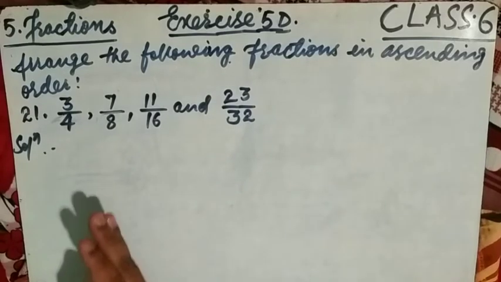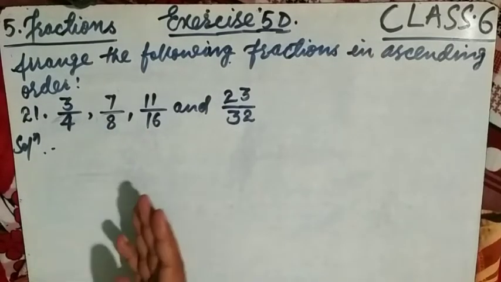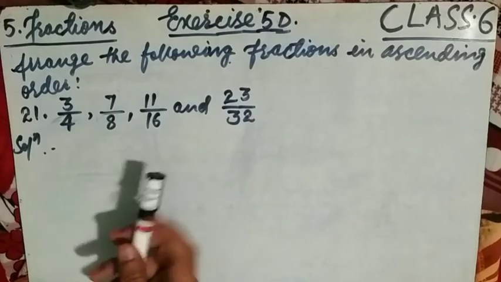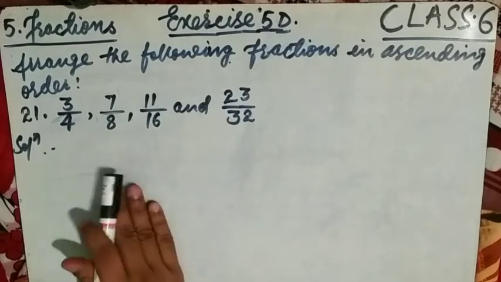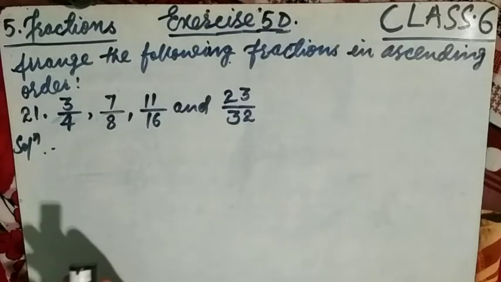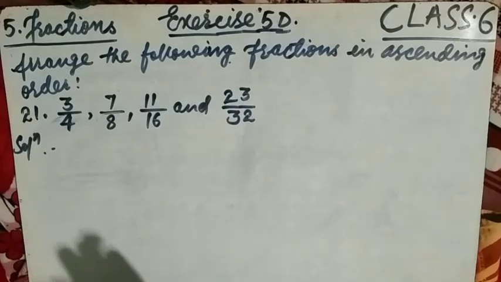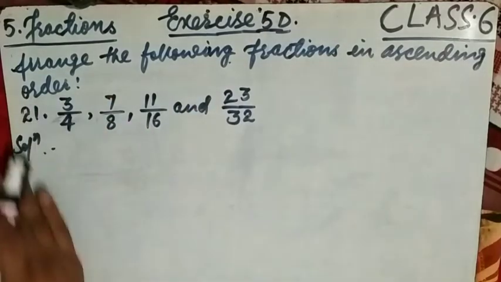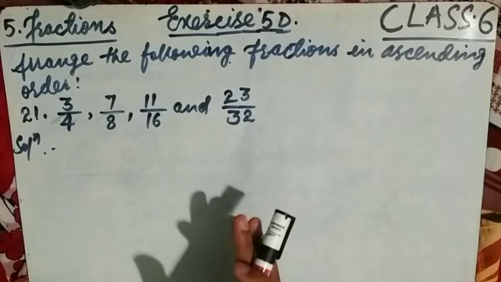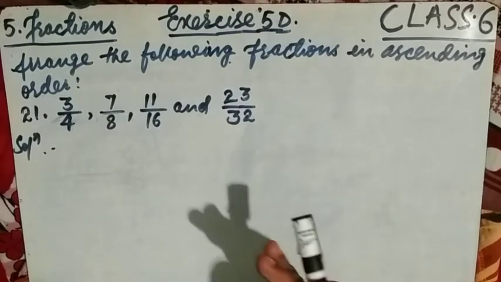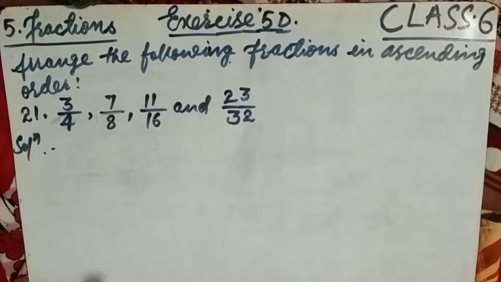In order to compare them, first of all we have to take the LCM of all the denominators and put the fractions with the same denominator. That means we have to make all the fractions like fractions, then we can easily decide which fraction is greater or less. Now let us see, friends.